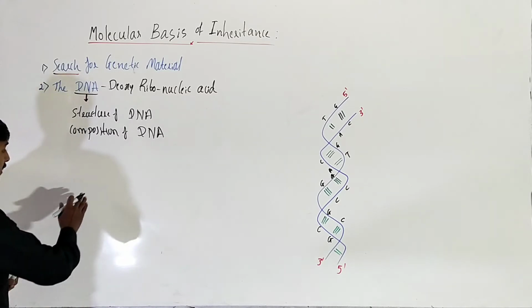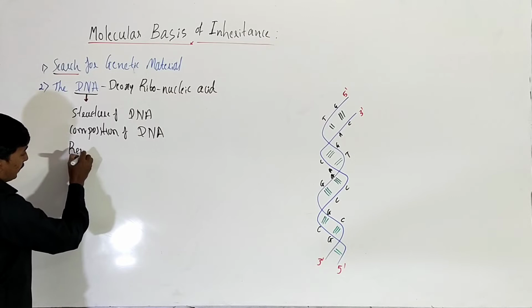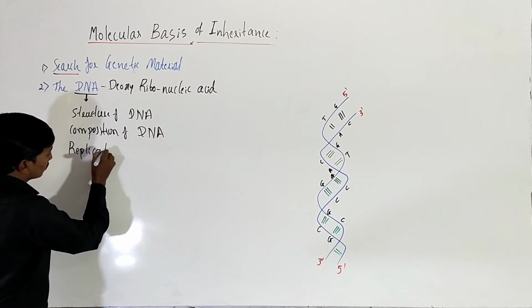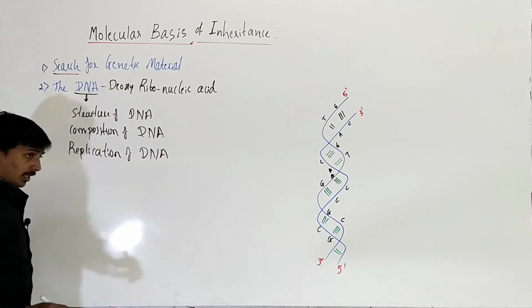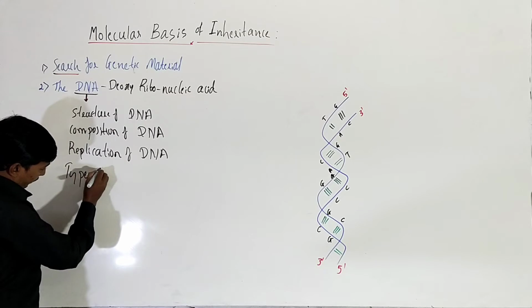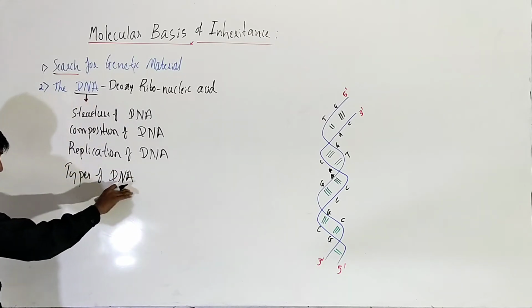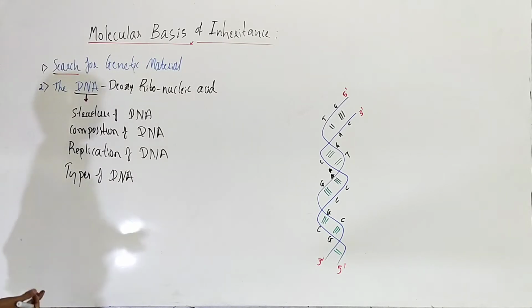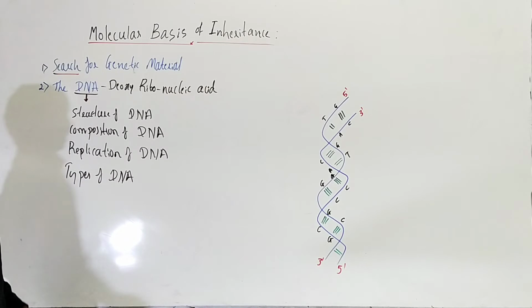Next, we will discuss the replication of DNA. And next, the types of DNA. Like alphabetically, they have been assigned some types based on the features of their structure. So we will discuss the types of DNA also.